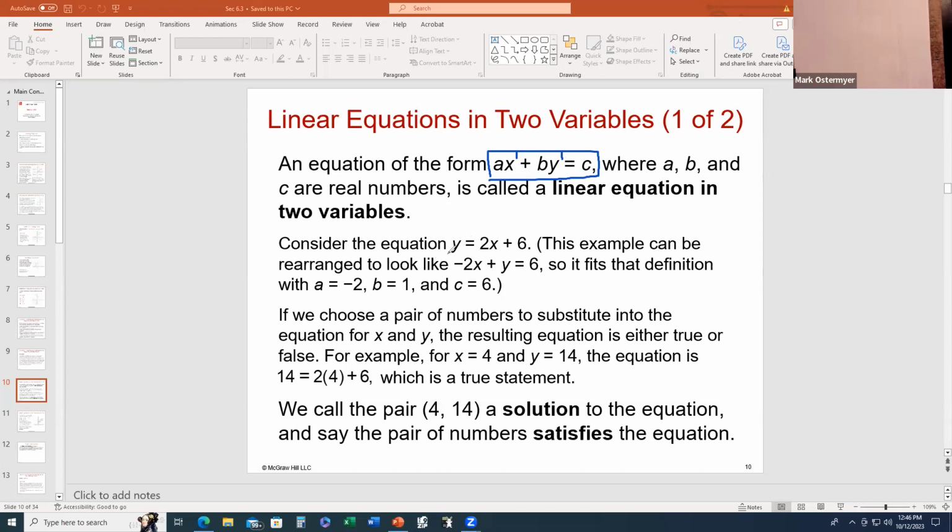Okay, so let's look at a specific example. Suppose we have this linear equation, y equals 2x plus 6. We could always rearrange this equation by doing simple algebra on it. For instance, we could get this equation in what is called standard form. So I want to show you what that form is here.